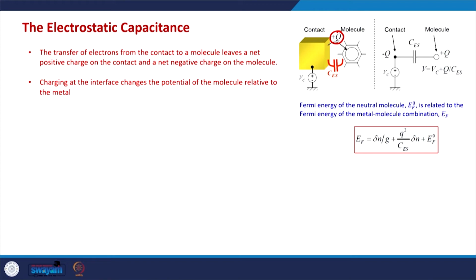And in the reverse situation, when there is an electron transfer from molecule to the contact, the molecule will have positive charge after the transfer and the contact will have a negative charge after the transfer. And this charging at the interface changes the potential of the molecule relative to the metal. So, it completely shifts the energy level of the molecule up or down.